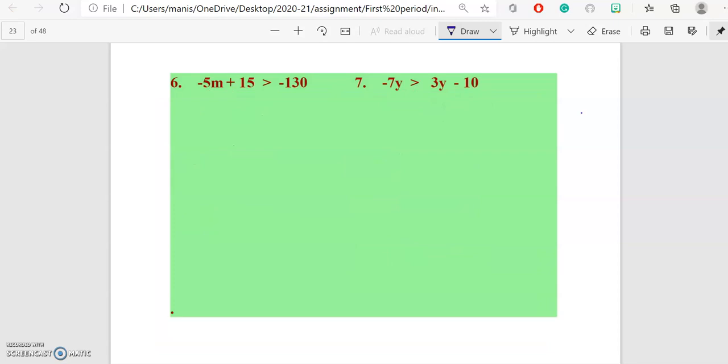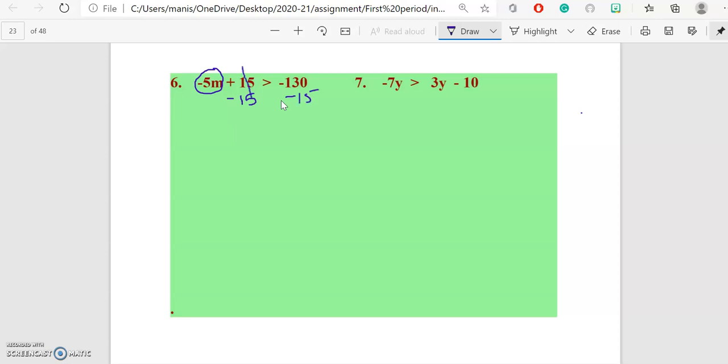Okay, we will practice 2 more questions. Negative 5m plus 15 is greater than negative 130. So I will use the same approach. I will circle this part over here. And what is the opposite of plus sign? It is the minus sign. So I'll write minus 15. Negative 5m plus 15, opposite of plus is minus sign, subtract 15 from both the sides.